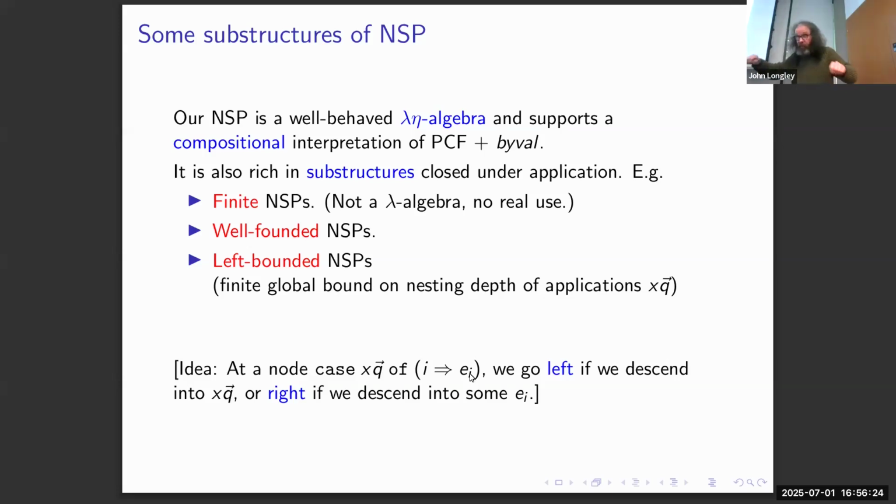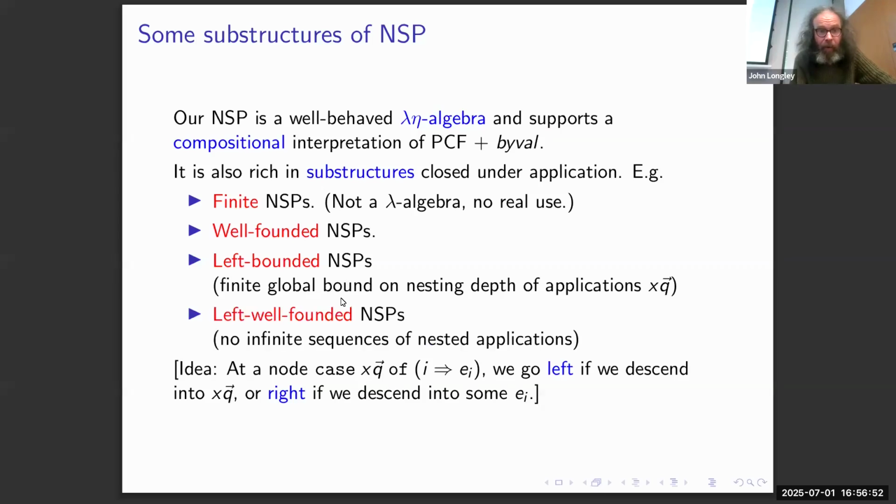These have quite fundamentally different characters, because left branches have to do with nesting, right branches just have to do with sequentially doing things in order. So left-bounded just means there's a bound on the number of left branches within any path in the tree. These are a nice substructure. They're a lambda algebra.